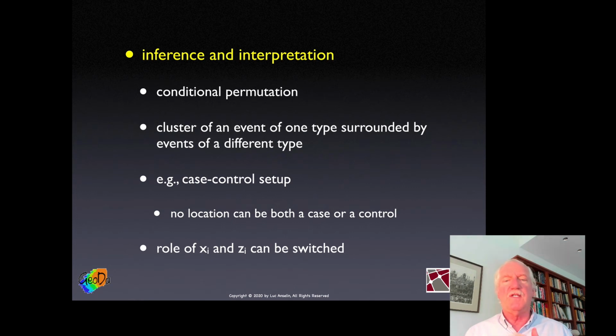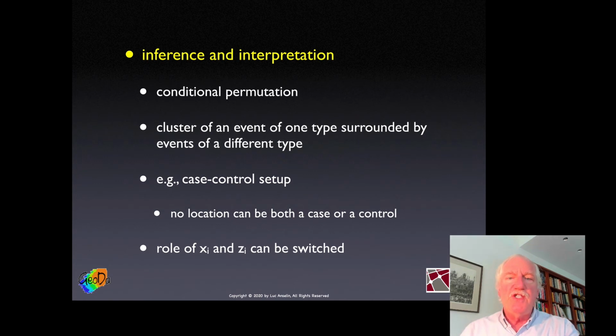Obviously x and z can be switched, but first of all, it's not a symmetric relationship, and also you have to make sure that you keep the scarce, the smallest proportion, for the neighbors, otherwise the p-values don't make sense. So that's something to keep in mind.